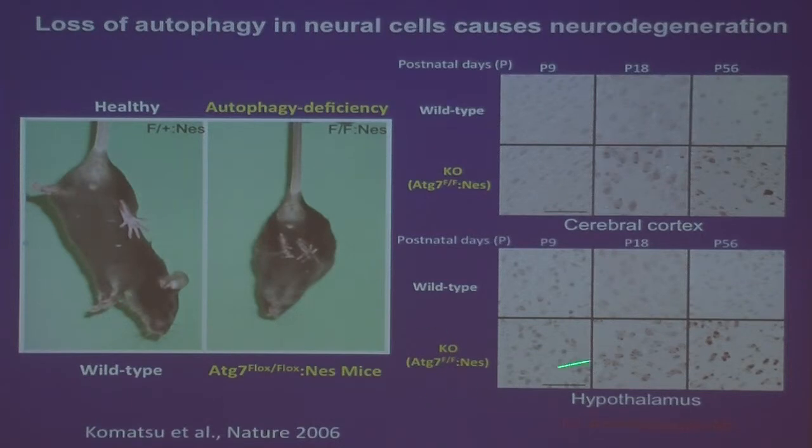And then we analyzed the brain, and as you can see, the neurons contained a large amount of aggregate. Surprisingly, these aggregates are stained strongly by ubiquitin.